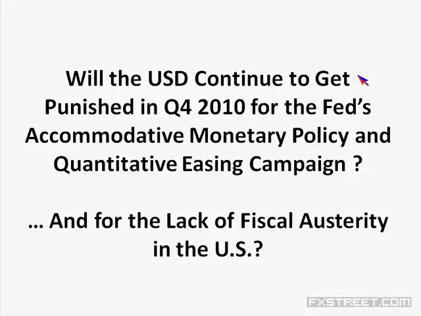And there will be a lack of fiscal austerity in the United States until that point. So obviously, the U.S. dollar could potentially continue to get punished in the fourth quarter. That's definitely something to watch.